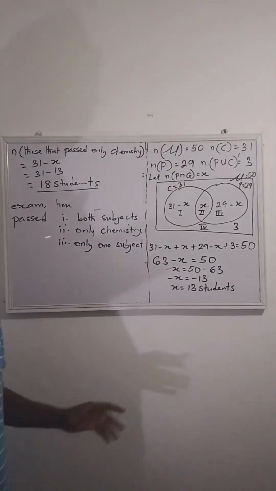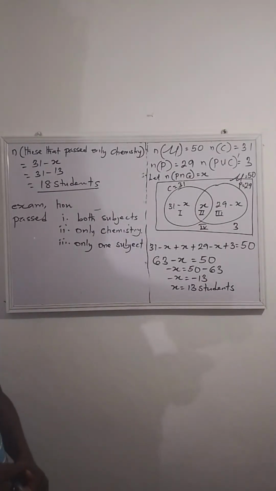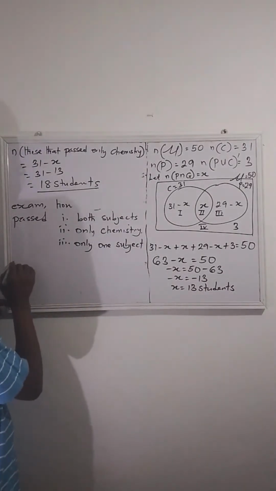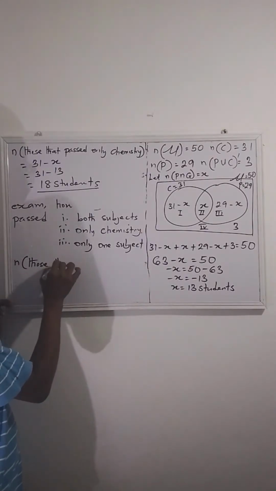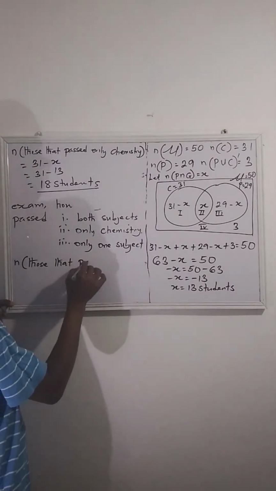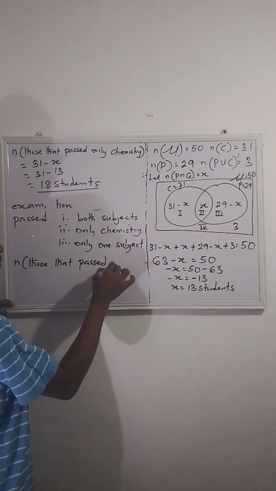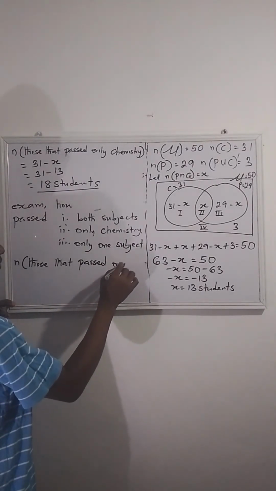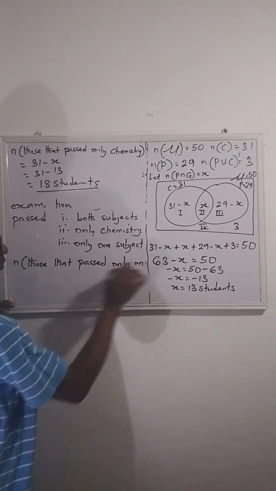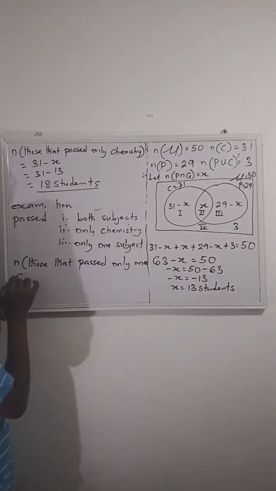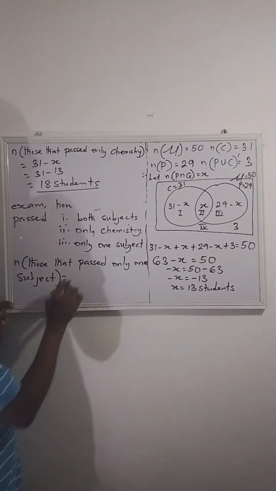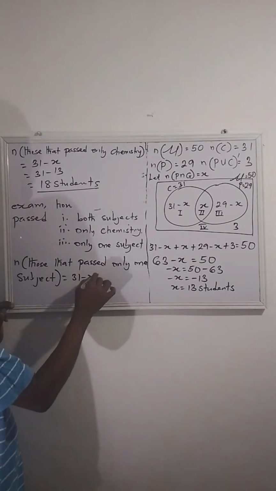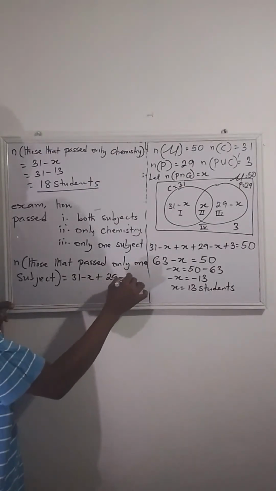So we just write: number of those that passed only one subject will be equals to 31 minus x plus 29 minus x.